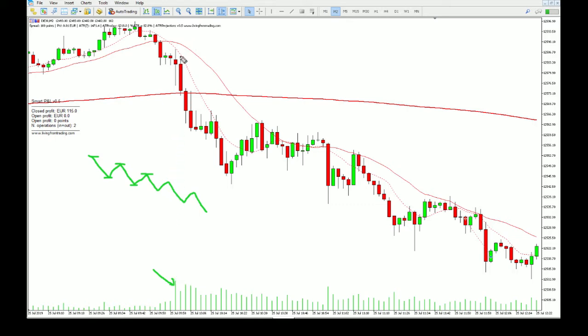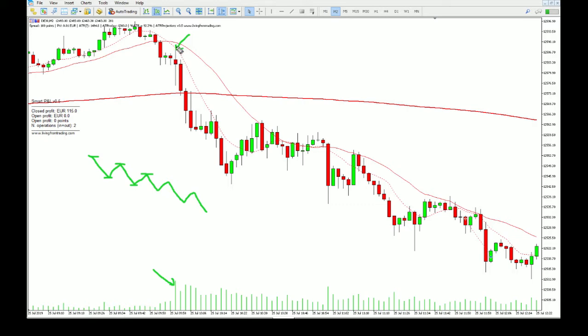And when it started, this was the first candle that DAX produced. You can see that this candle was trapped between the moving averages that we use, and at this point there is nothing to do.